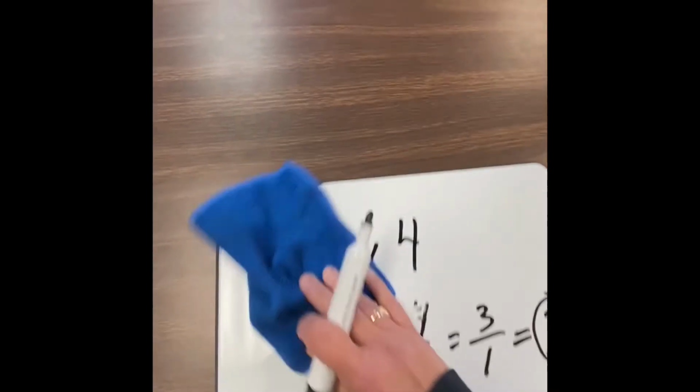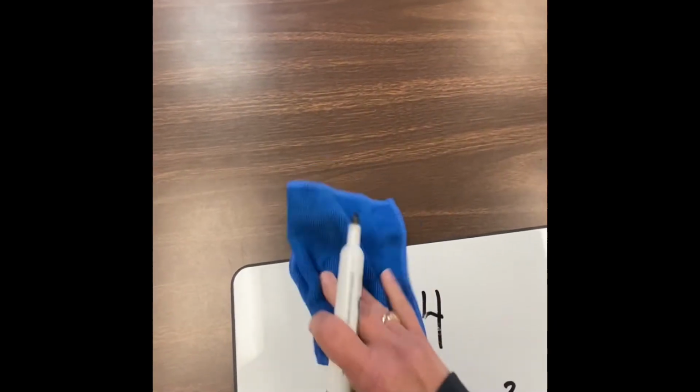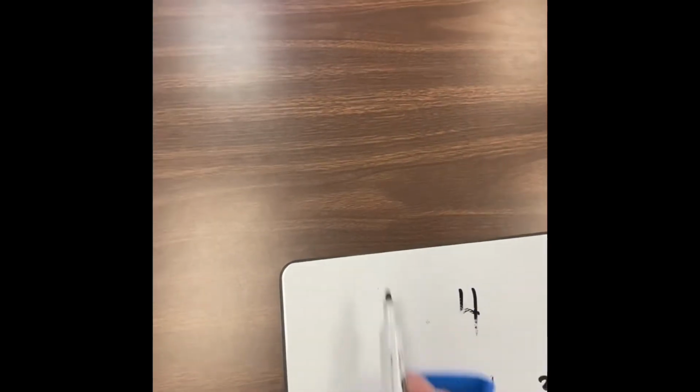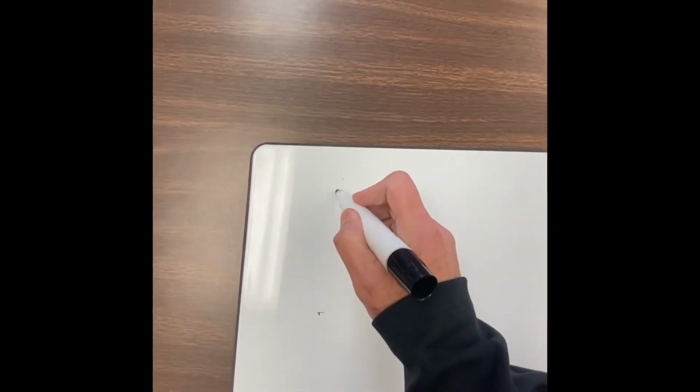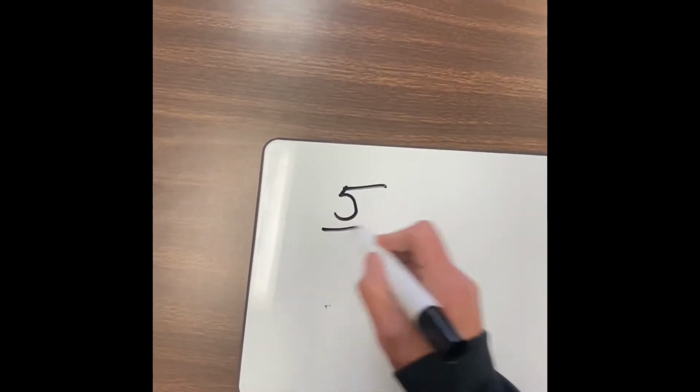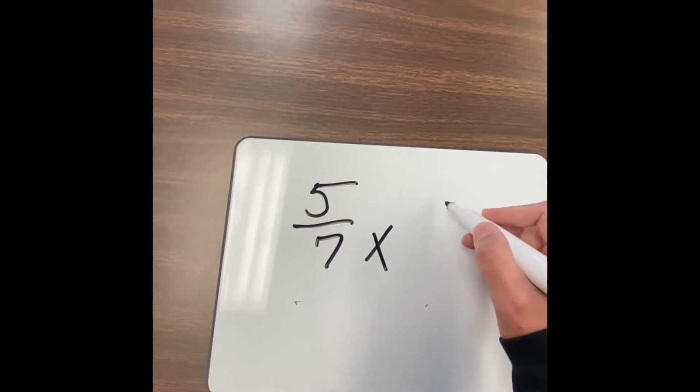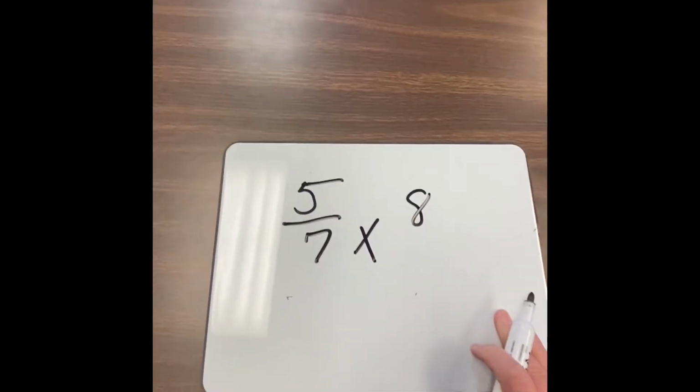Okay, let's do a different one. Okay, what if we have 5/7 times 8?